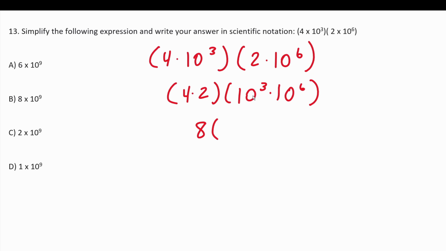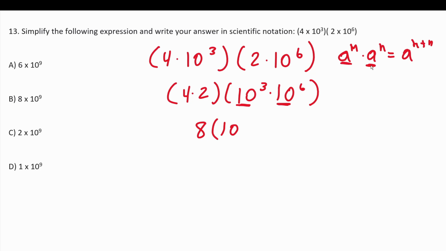But here, we're multiplying numbers that have the same bases, notably 10, but different exponents. So to do this one, we have to be familiar with the laws of exponents, specifically the product rule. And the product rule says this: if you have a to the m times a to the n, that's the same as a to the m plus n. So in this case, we have 10 to the third times 10 to the sixth.